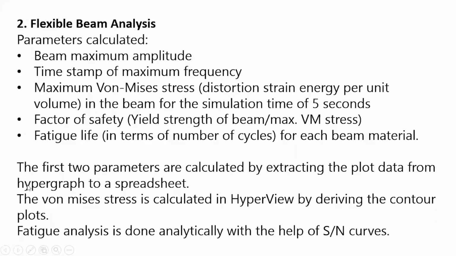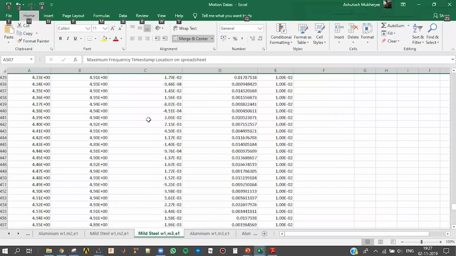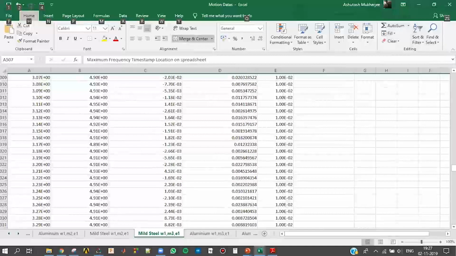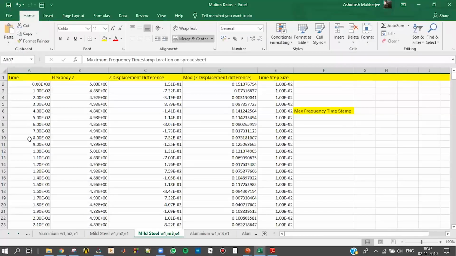Let me just jump from this presentation and I'll show you this. So basically, this is the graph data I'm talking about. These are the simulation time steps. This is the reading which the graph showed, basically the flex body displacement according to the time.